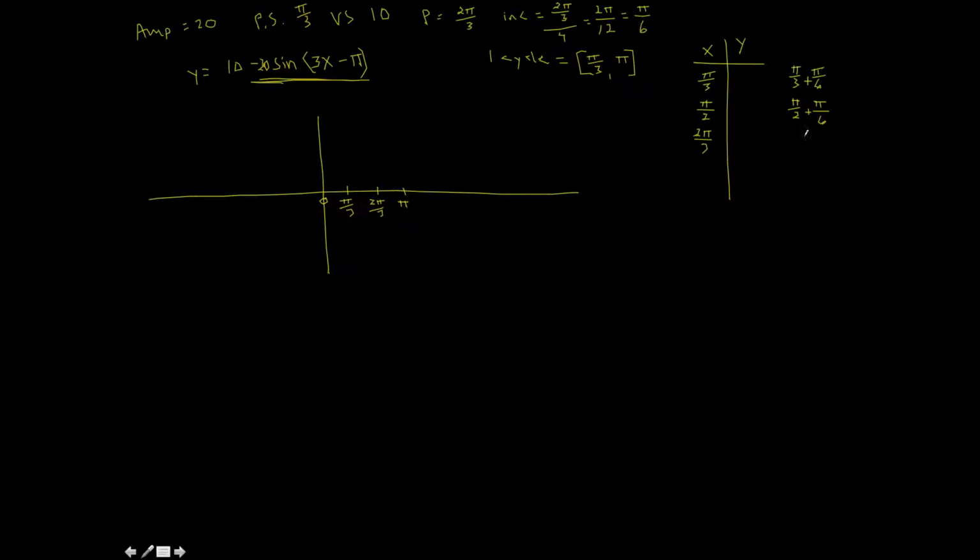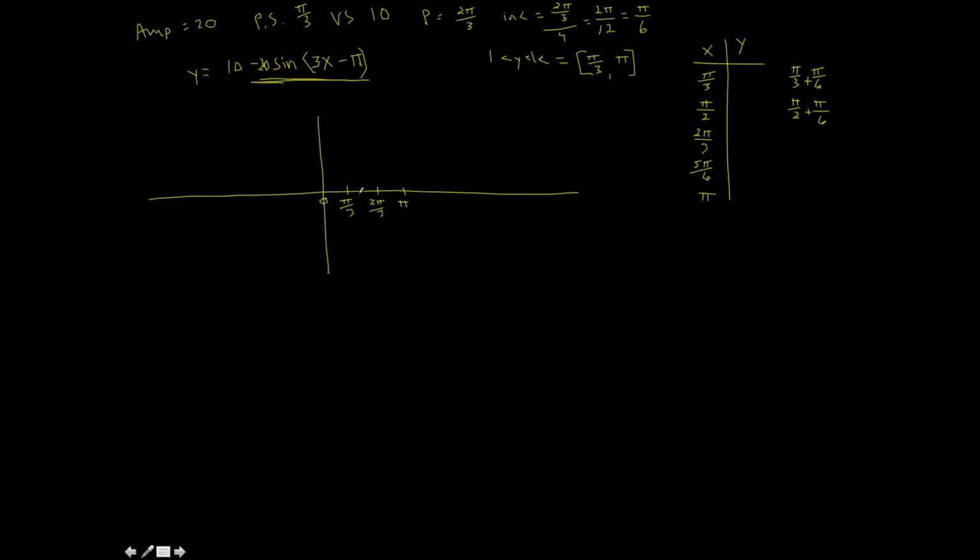Well, 2 pi over 3 is 4 pi over 6, plus pi over 6 is going to be 5 pi over 6. And then plus pi over 6 again gets us back to pi. So that gets us where we want to be.